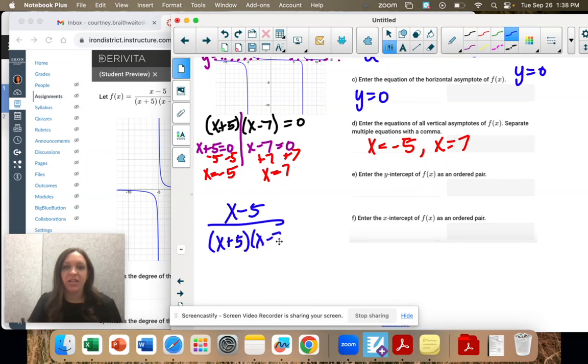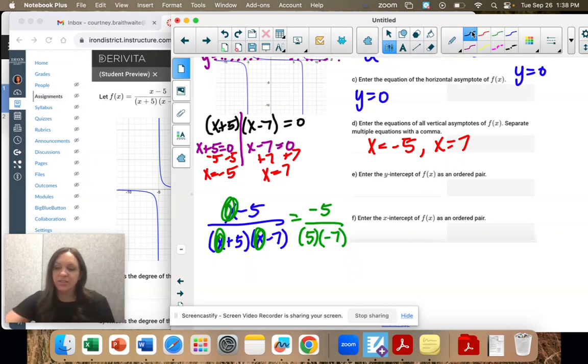I like to write it out and then take a different color and go put zeros over the x. So 0 minus 5 is -5. 0 plus 5 is 5. 0 minus 7 is -7. And this is going to be a fraction that you have to reduce.